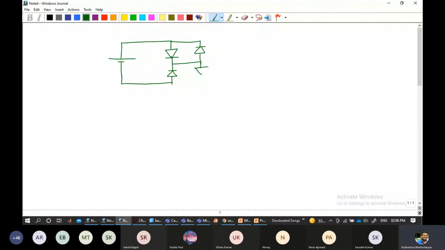This is the configuration we are looking at, and we name them D1, D2, D3, and D4. We have a supply voltage of 10 volts. In between, we have a resistance R, and R is given as 48 ohms, suppose.